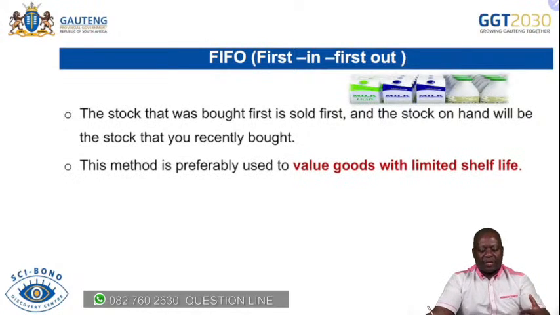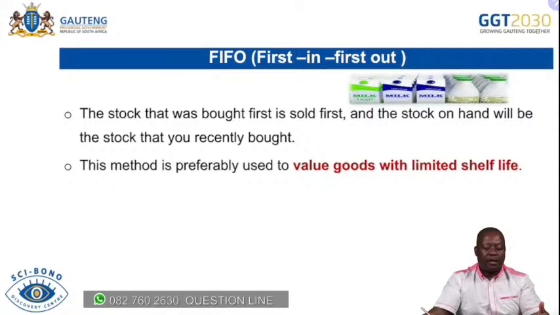So this method is preferably used to value goods that have a limited shelf life, like indicated, your milk, your bread, and all other items that have a limited shelf life.